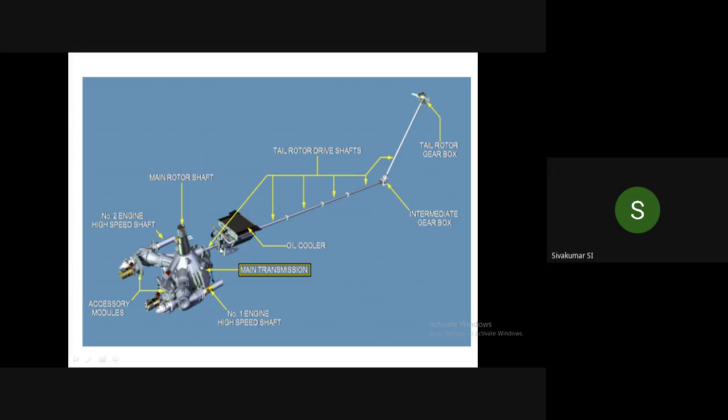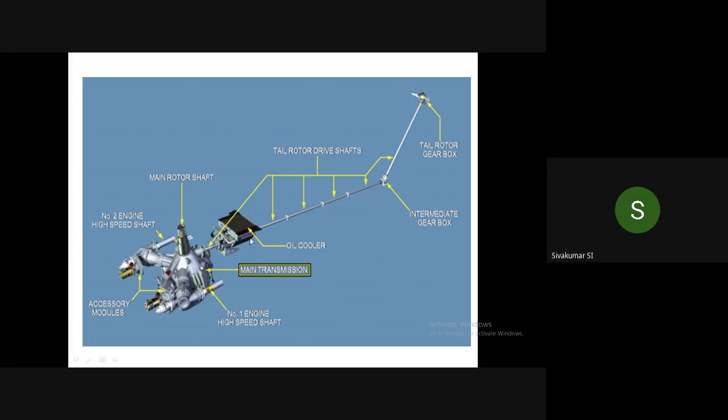This shafting is properly installed and accommodated in the helicopter fuselage section, the tail section, and in between there is an intermediate gearbox. This is the intermediate gearbox where the RPM is reduced.